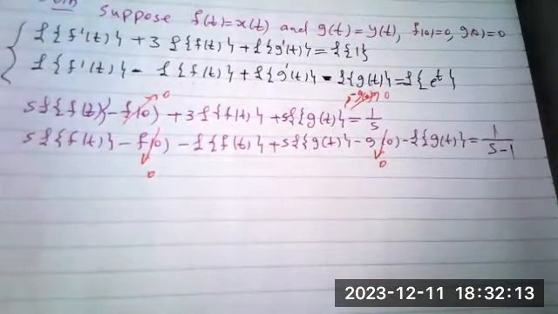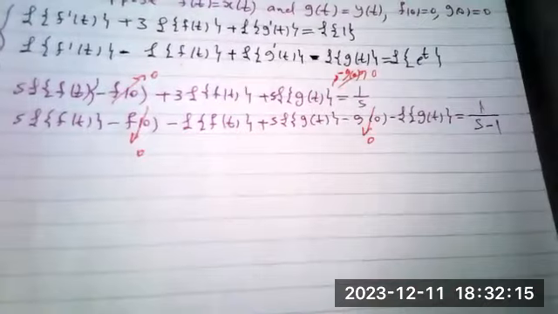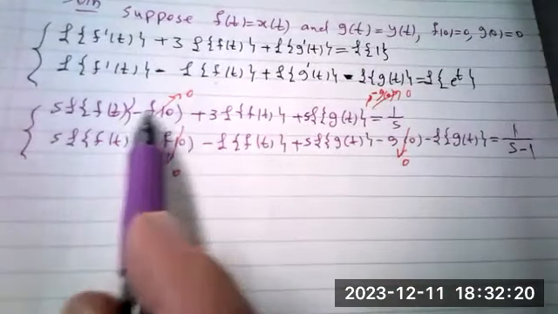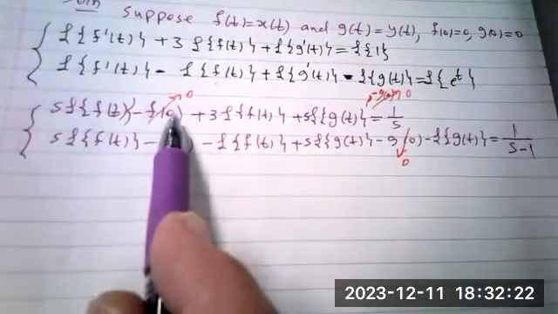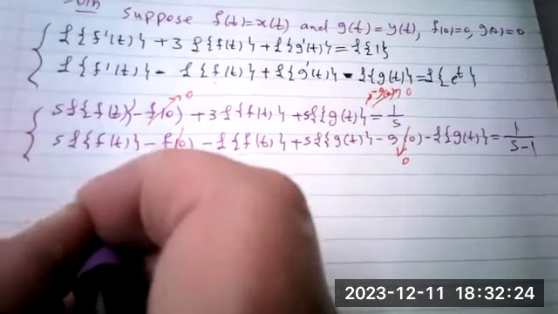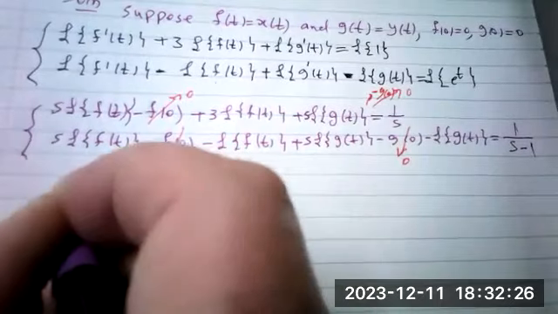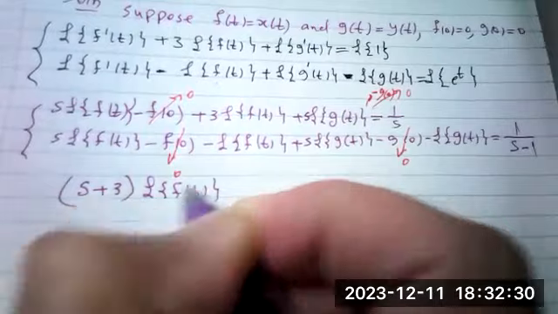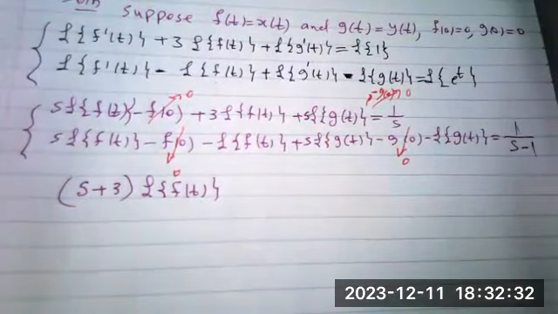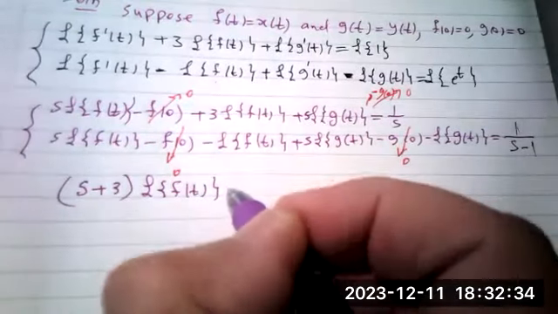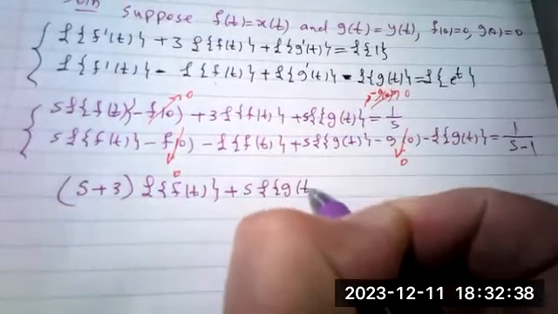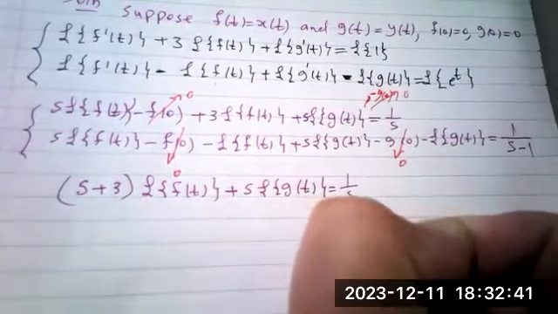Okay, so put the leftover into a nice format. You have the common factor over here, the Laplace of f of t. So the first equation would be s plus 3 times Laplace of f of t, and the leftover is simply s Laplace of g of t, and this is equal to 1 over s.